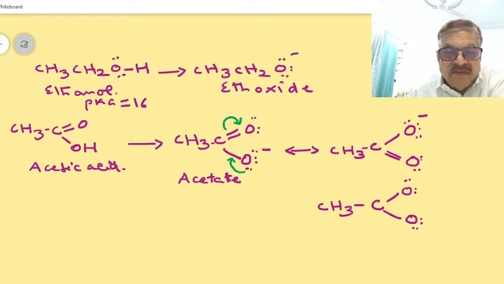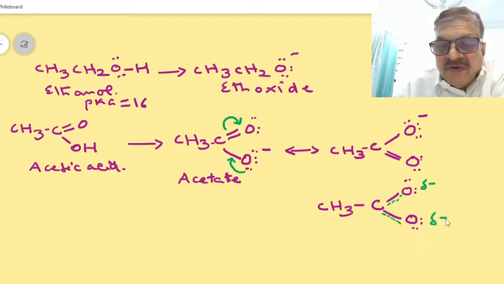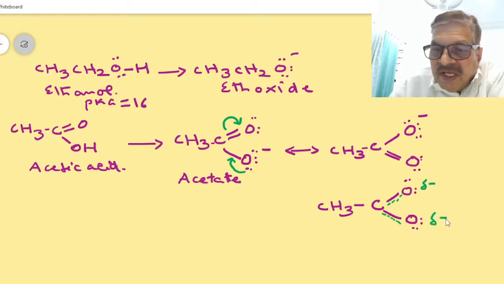So there will be a partial double bond here, which we can show with dashes like this. Now there will be a partial negative charge on the oxygen, delocalized over the two oxygen atoms.